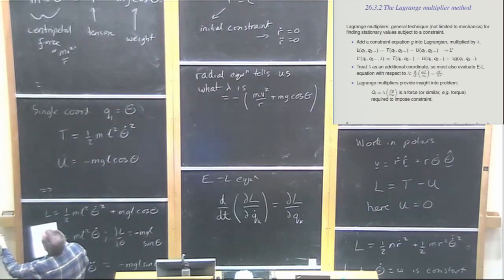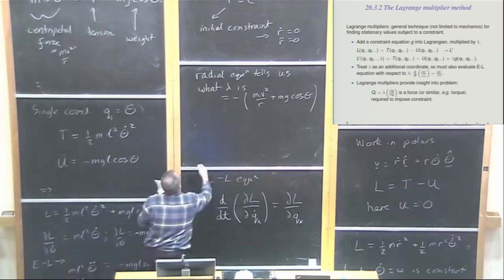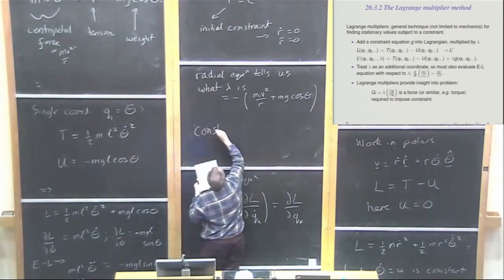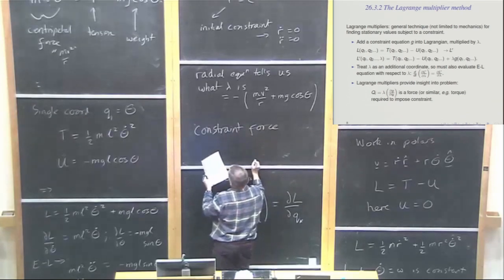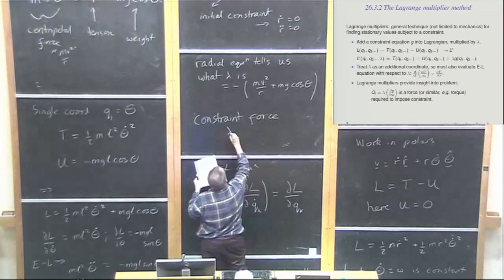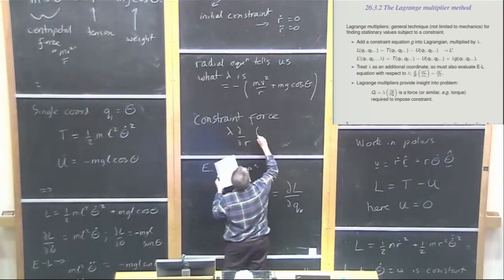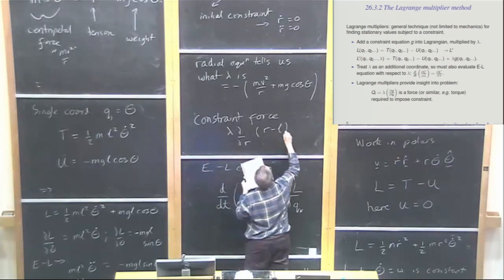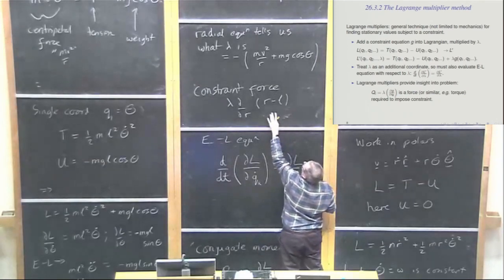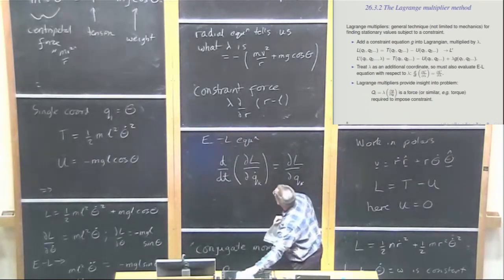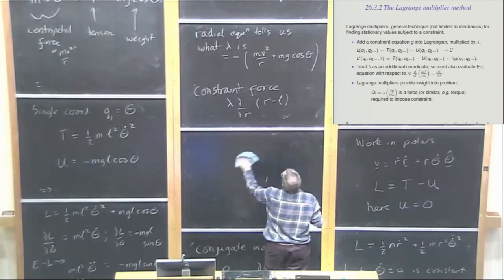If we differentiate that with respect to r, we get the constraint force, which is given by lambda times d by dr of r minus L. Okay? So that's my constraint equation. I differentiate that with respect to r. It just gives me a trivially 1, not very interesting.